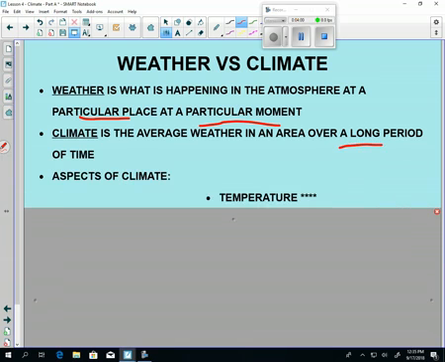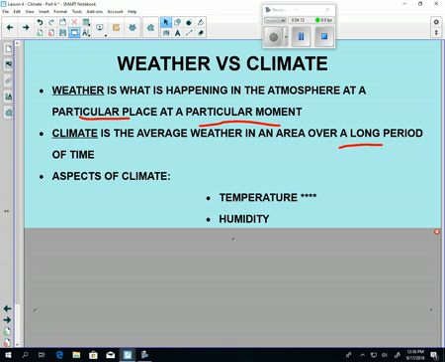So what do we think about when we think about climate? Well, of course, it's the temperature. Is it hot? Is it cold? Is it minus 40 or is it plus 30? The other thing we look at is humidity, and we can feel that today. They say it's 28 degrees outside today, but it feels like it's 35 because of the humidity. It's the moisture in your air that makes you feel sticky and even hot.